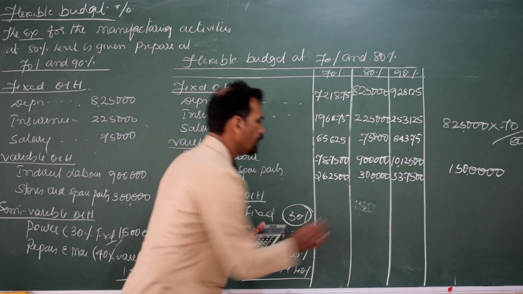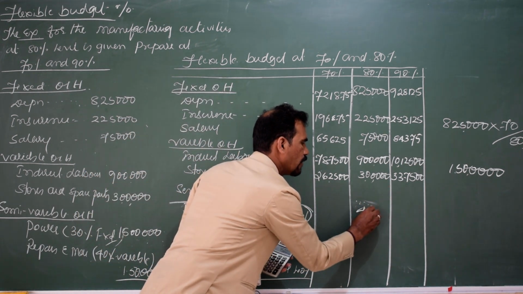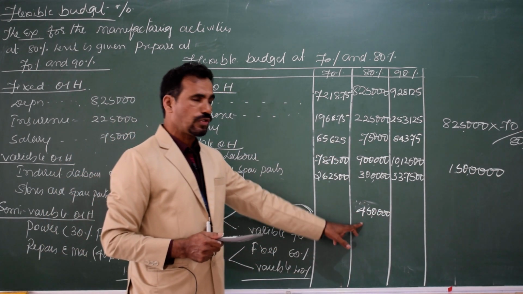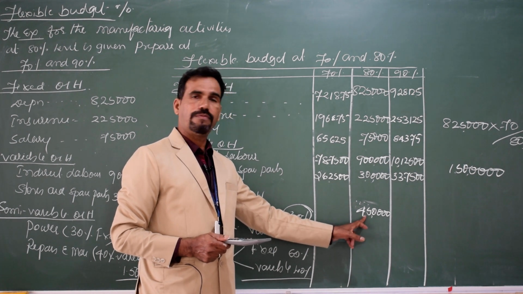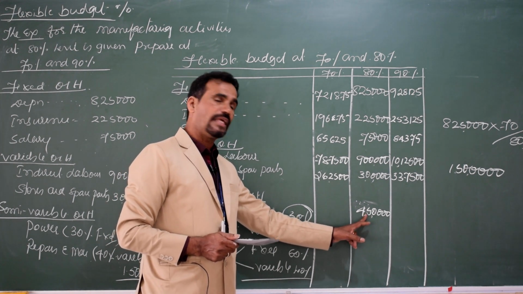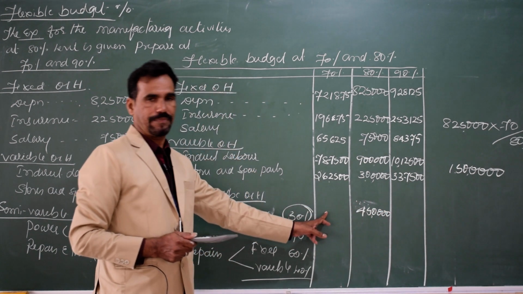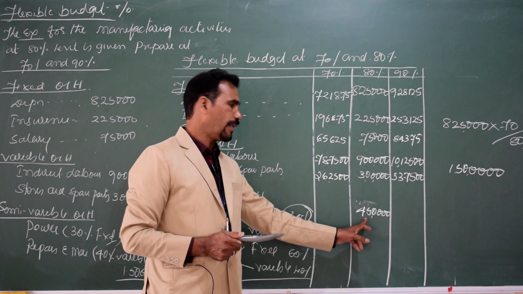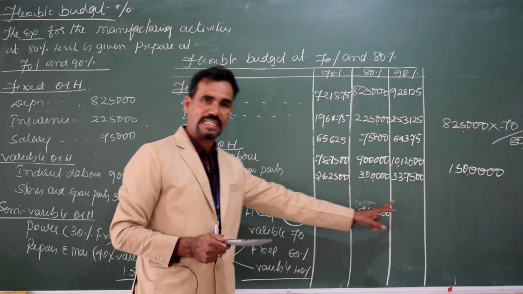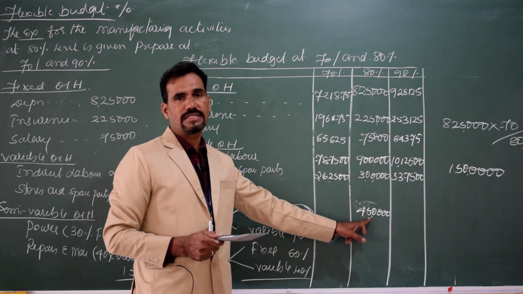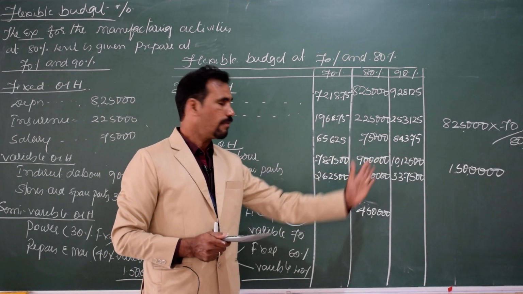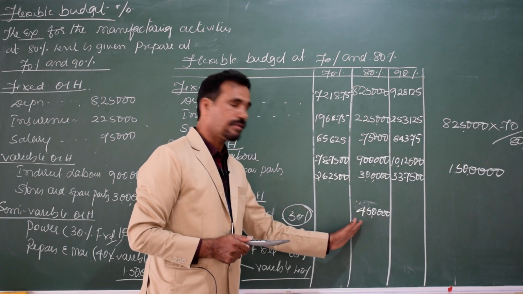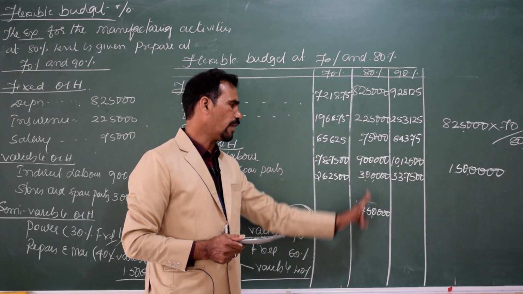For fixed cost, you should write the base level amount 4,50,000. Once you take the fixed cost at the base level, this amount will be the same at all levels. When production moves from minimum to maximum level, the fixed cost will be the same. Beyond that level, fixed cost will change.